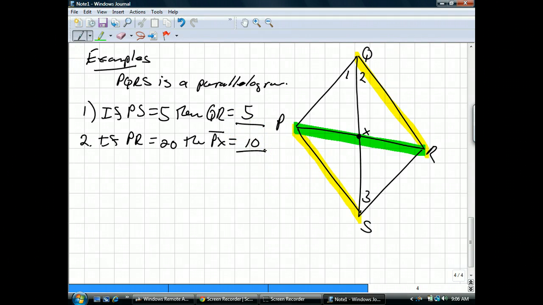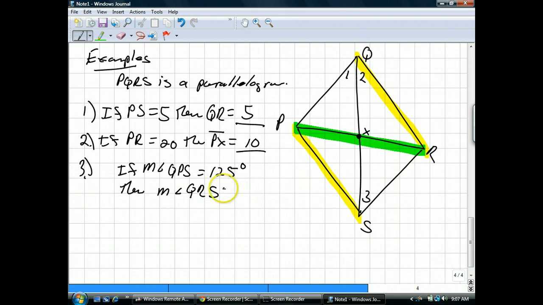Okay, then number 3, if measure of angle QPS is equal to 125 degrees, then measure of angle QRS equals what? And measure of angle PQR equals measure of angle PSR, which equals what value? Okay, well, let's see where we are.